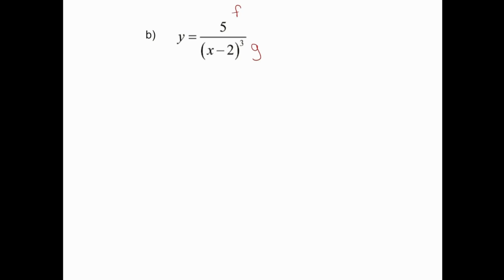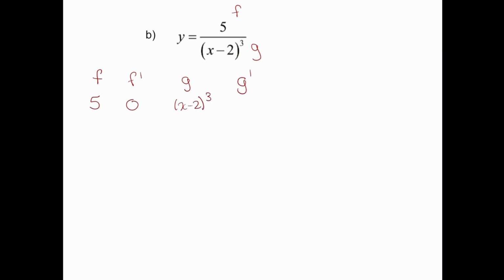So let's start by writing out what we've got. On the top, I have just 5. My derivative of 5 on the top is 0, using the constant rule. On the bottom, I have x minus 2 cubed.